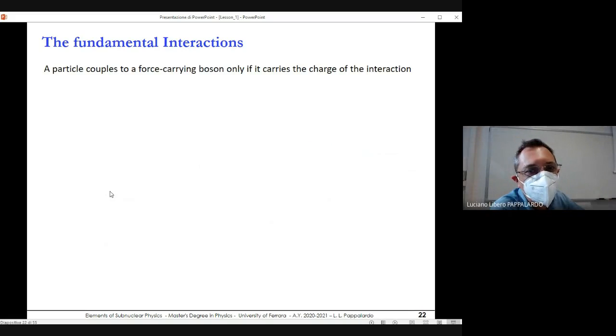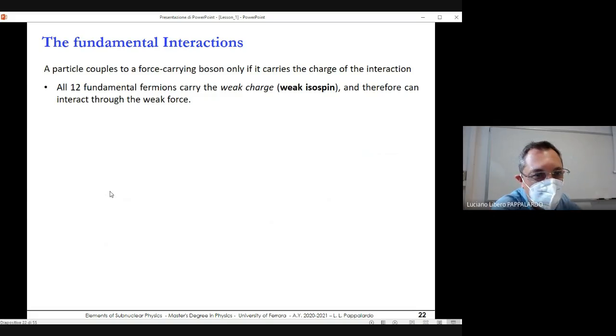Now, a particle can couple to a certain force-carrying boson only if it carries the charge of that interaction. What does it mean? All 12 fundamental fermions, the quarks and the leptons, carry the so-called weak charge that we call the weak isospin, which will be studied at the end of our course. Therefore, all of them can interact through the weak force.